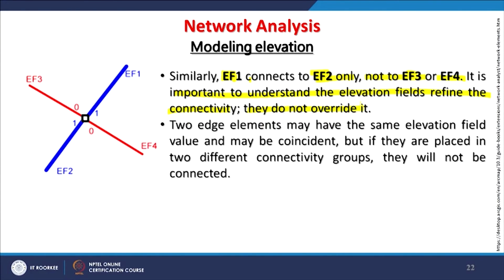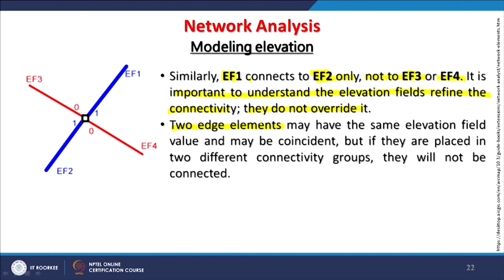And two edge elements may have the same elevation field values, meaning on the edges they may have the same. And I have also mentioned that different networks, except at a junction if they are connected, may have different elevations, but a little away from junctions they may have the same one, because this is how metro systems are developed.